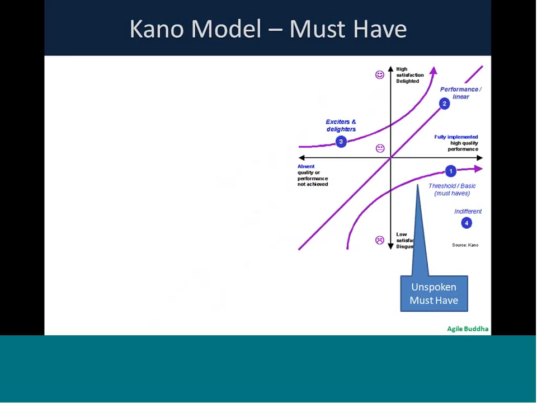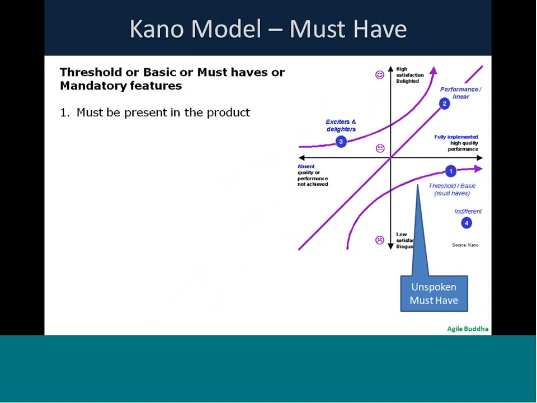One interesting thing about that is, must-have features are the ones which must be present in the product. These are also called unspoken, in the sense that the customer may not express them. He implicitly assumes that it is expected. For example, he is building an e-commerce product. He expects a shopping cart would be there. He doesn't say, you know what, I want a shopping cart.